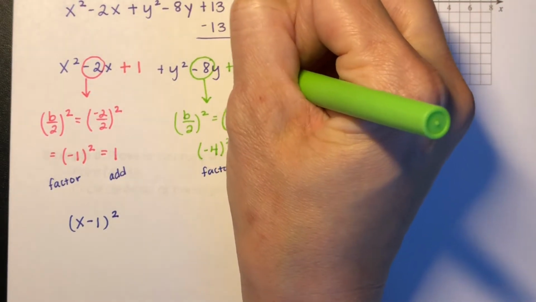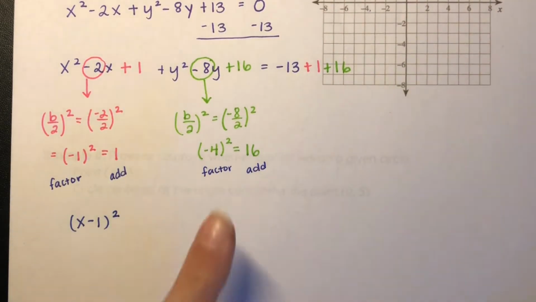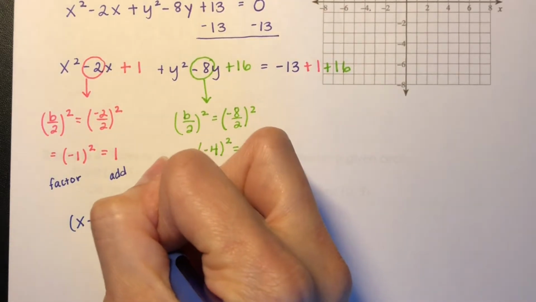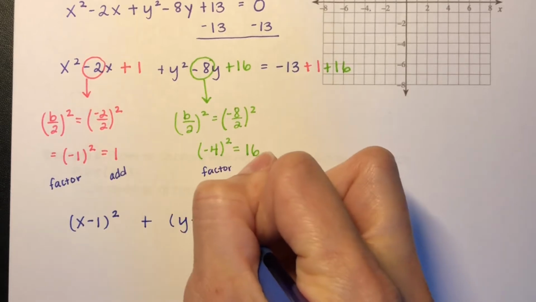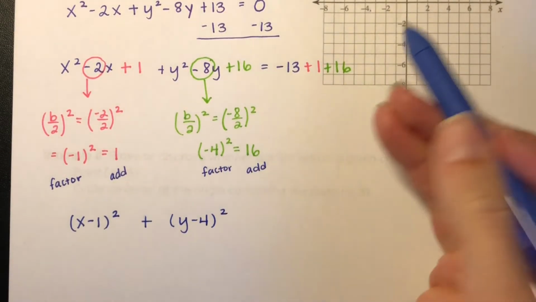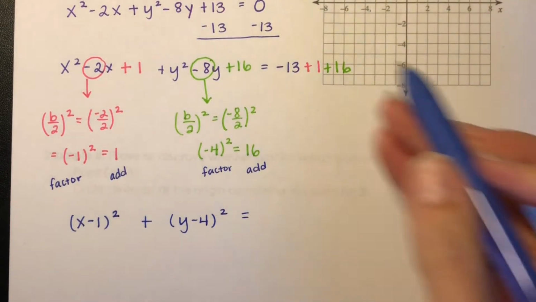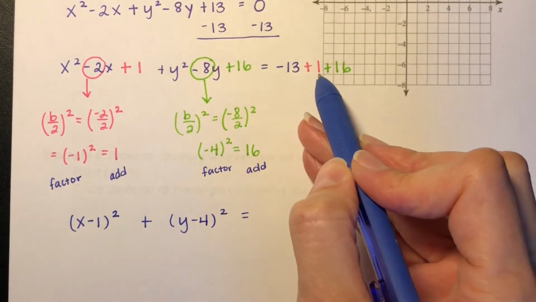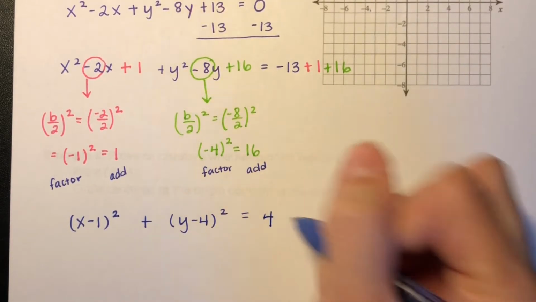So add 16, and now I can factor to write this as a perfect square. So plus y minus 4 squared. And now I have to just evaluate my right-hand side. So this equals negative 13 plus 1 plus 16, which will equal 4.